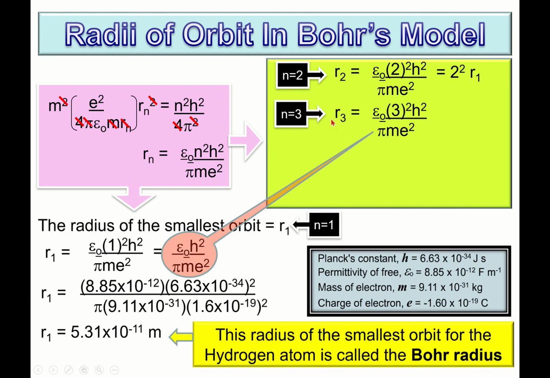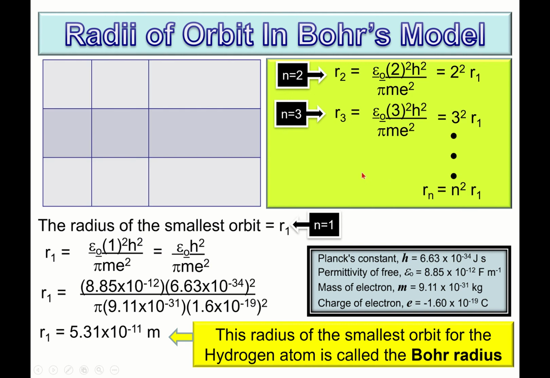For r3, we do the same where n equals 3, so we substitute here. Then epsilon naught h squared per pi m e squared equals r1, so the equation becomes 3 squared r1. The conclusion for the equation here is r_n equals n squared r1.